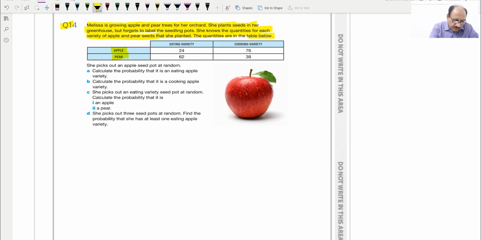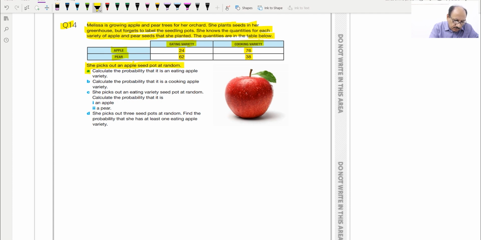So apple and pear, eating variety and cooking variety. So 24 apple eating variety, 62 pear eating variety, and 76 cooking apple variety, and 38 pear which are cooking variety.